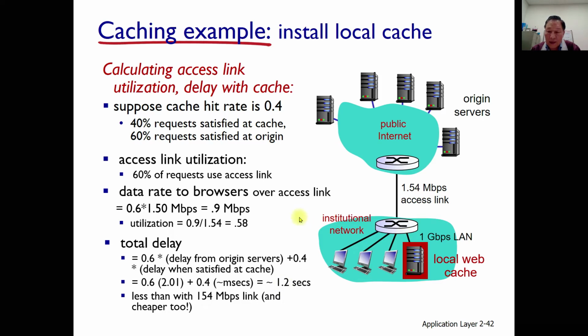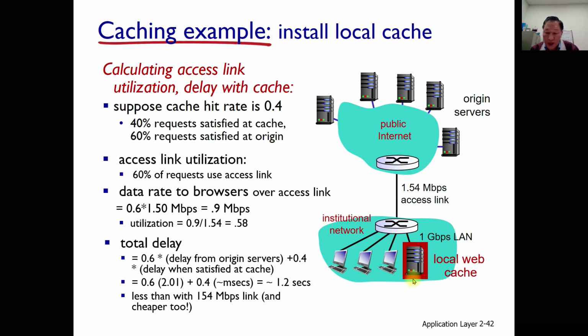Compared to a higher bandwidth, this one is much better. The previous delay time was 2 seconds, and after improving the bandwidth 100 times, the cost will be very expensive.